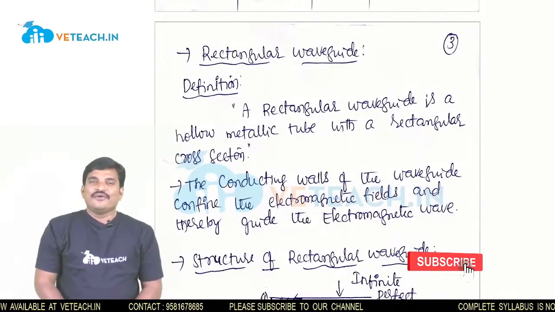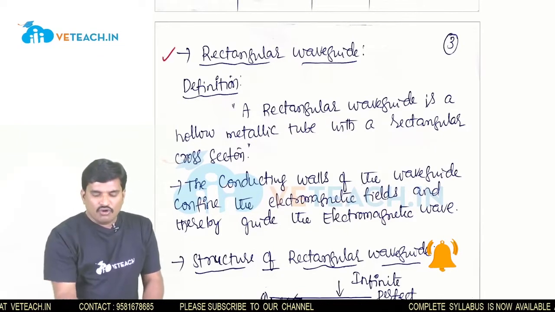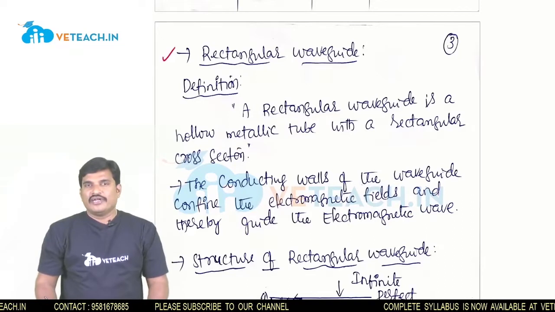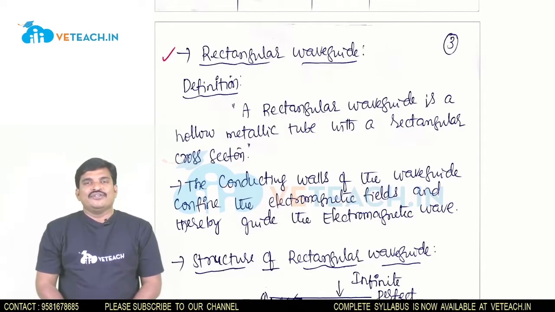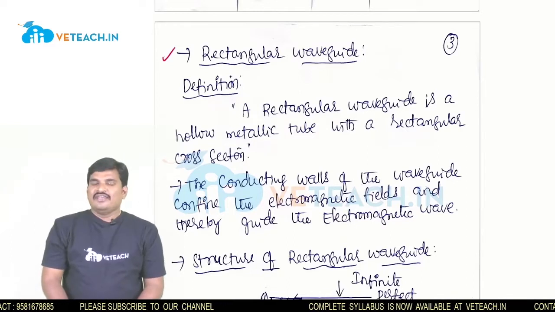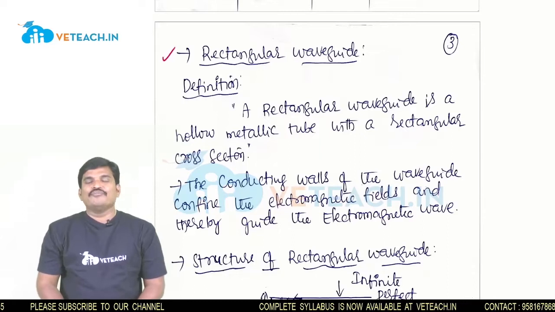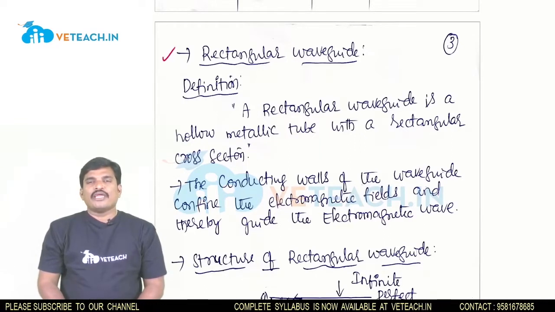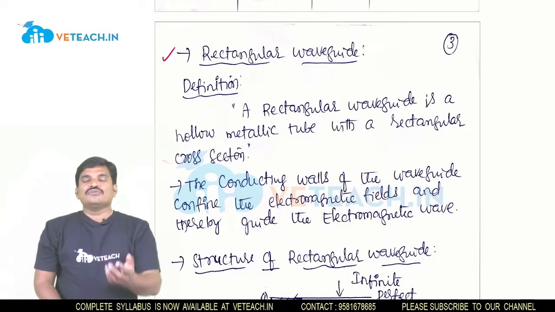For this video, we want to see the waveguide called a rectangular waveguide. Before I start this topic, you must know what a waveguide is. A waveguide is a kind of metallic tube which can propagate electromagnetic energy from one place to another.